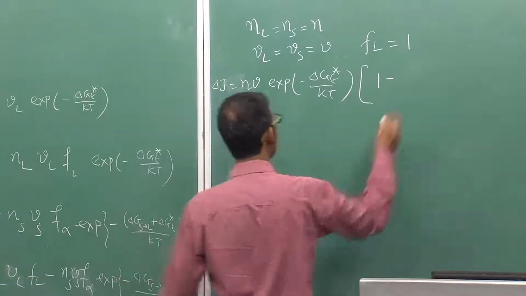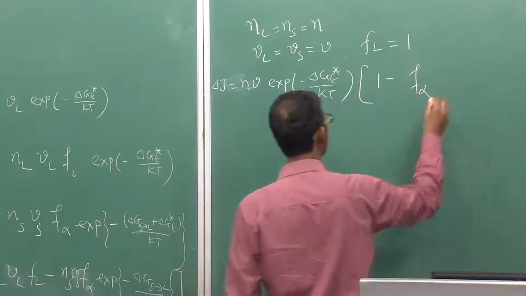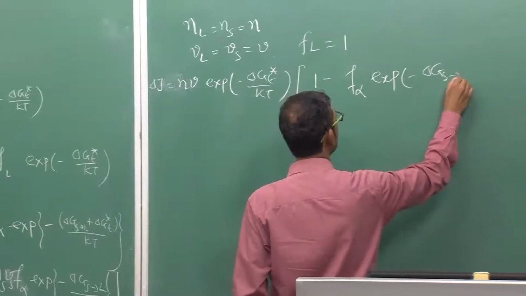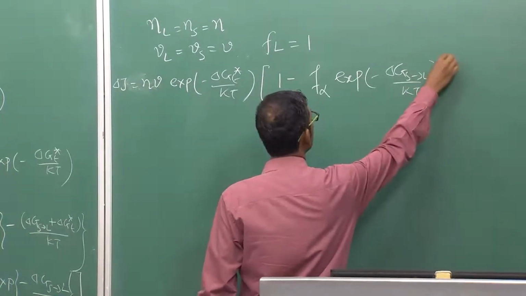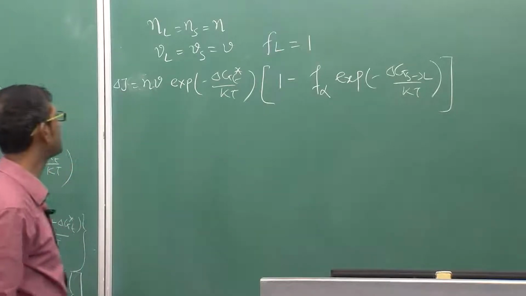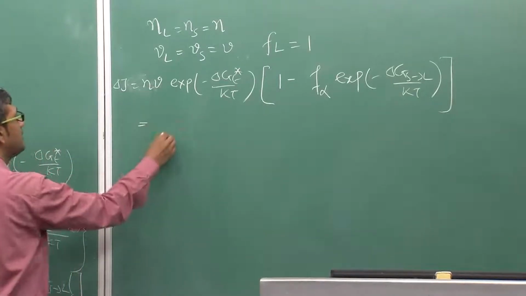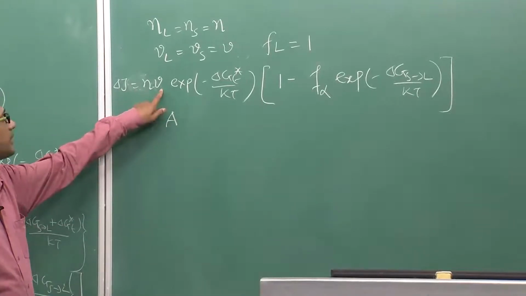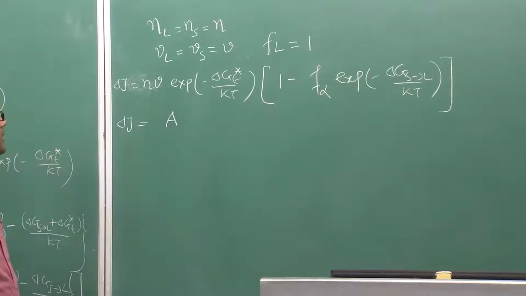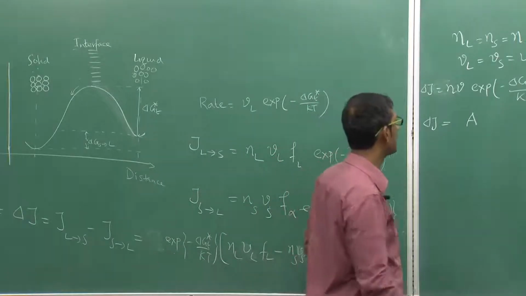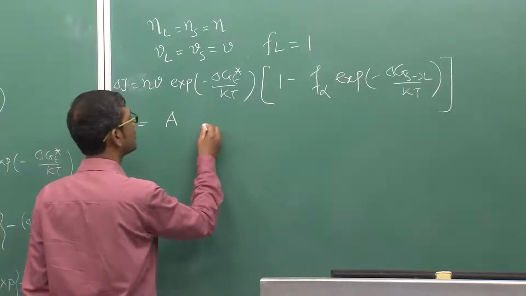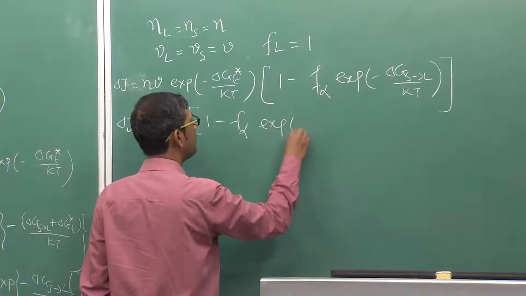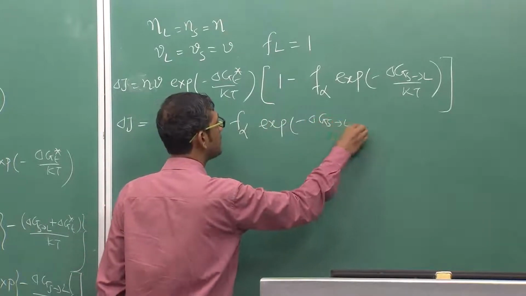Then it becomes F alpha exponential minus delta G solid to liquid. This equation becomes very simple. We can consider this as a constant A, because the number of atoms and frequency are constant at fixed temperature. This barrier height is also fixed at a given temperature, so it will be a constant term. Then it becomes A times 1 minus F alpha exponential minus delta G solid to liquid divided by KT.